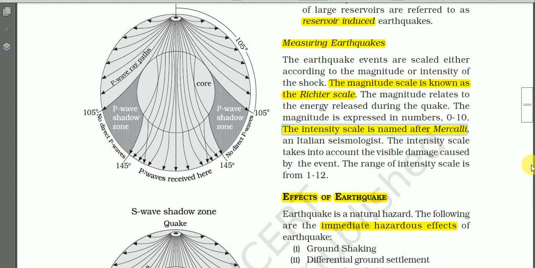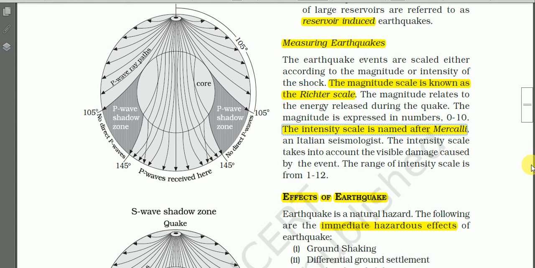And Mercalli scale 12 is the maximum. The surface of the earth may be moving just like water waves. Large rock masses may be displaced, and objects on the ground may be thrown into the air. You may see that the ground is rolling, just like a sea wave. That is called Mercalli scale 12.